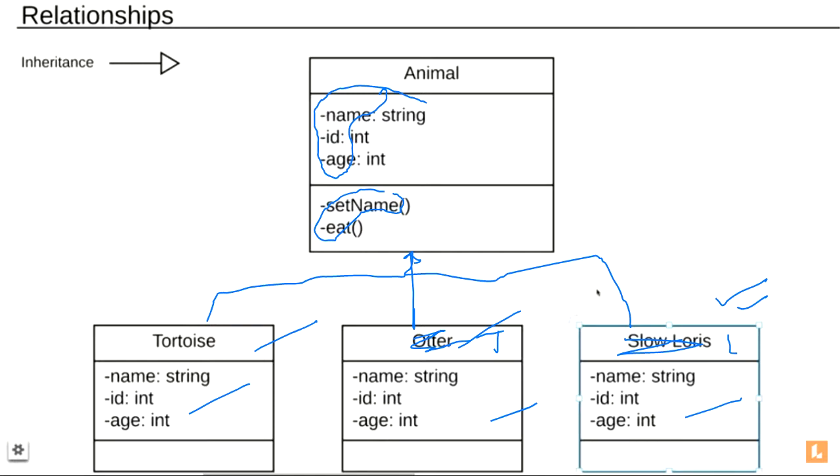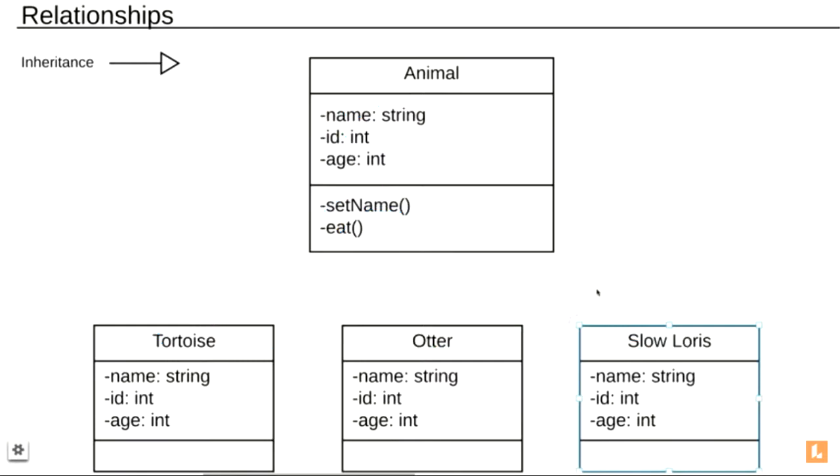Means tortoise will by default have this name, ID and age. अगर ये नहीं करते, if you don't do inheritance, तो you have to write these three things again in tortoise, again in lion, again in tiger. Unnecessary repetition of work will be there, right?